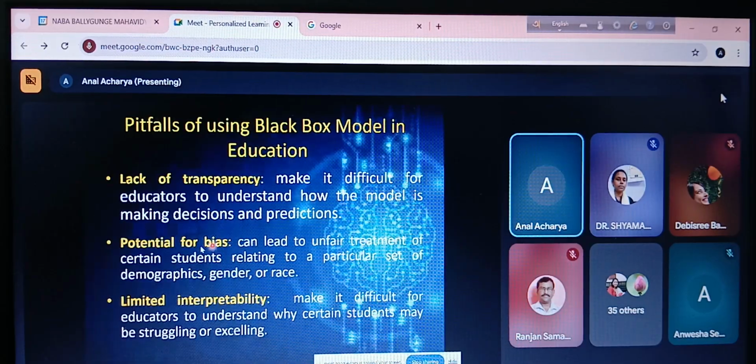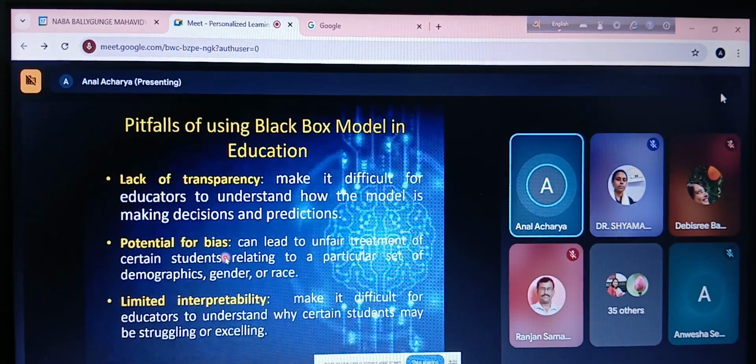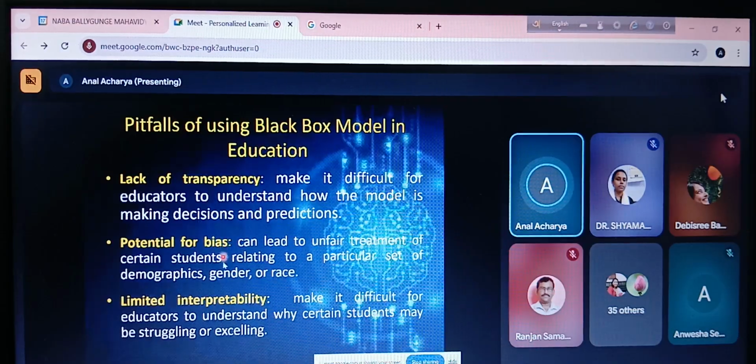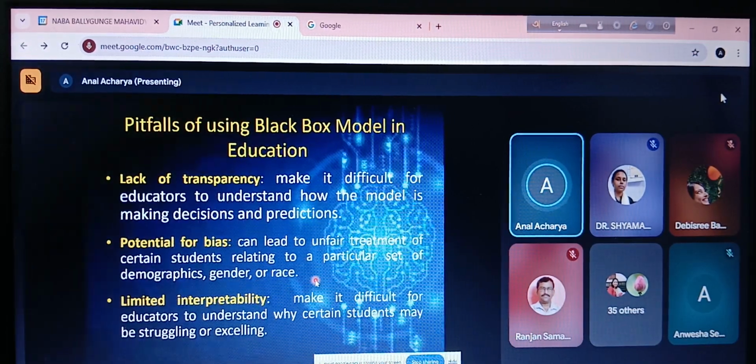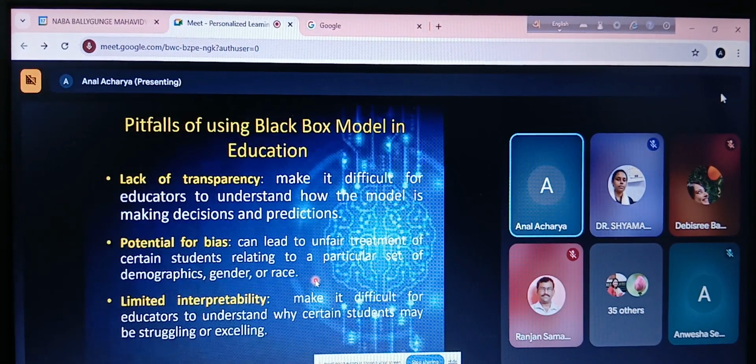So potential for bias. If we cannot understand the reason why a decision has been made, people could think that the decision is a biased decision. It could be related to demographics, or gender, or race, or anything.